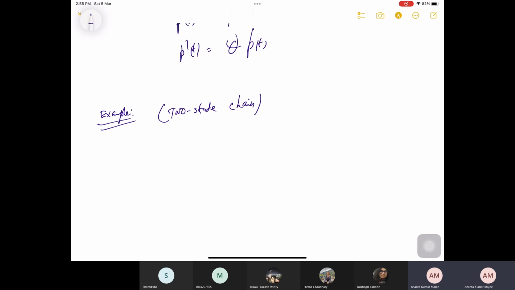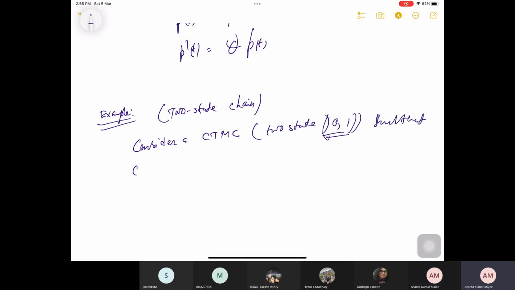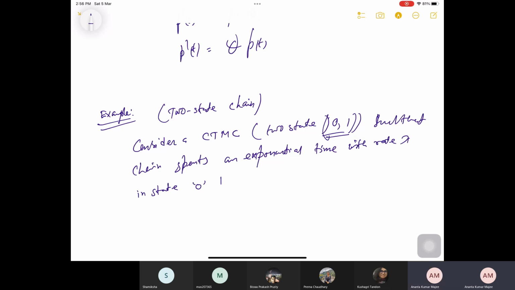So consider a CTMC with two states, 0 and 1, such that the chain spends an exponential time with rate lambda in state 0 before going to state 1.